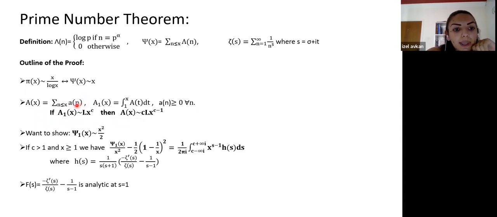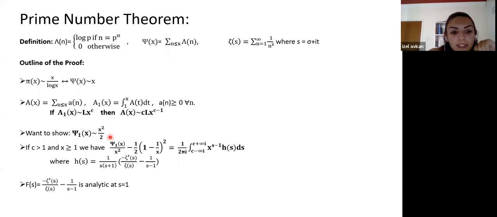And here, if we substitute the von Mangoldt function for a_n, then by definition A(x) would be the Chebyshev function and A_1(x) would be the Chebyshev 1 function. So if we can show that the Chebyshev 1 function is asymptotic to x squared divided by 2, then by using this lemma, we can say that the Chebyshev function is asymptotic to x. So our new claim is to show that the Chebyshev 1 function is asymptotic to x squared divided by 2.